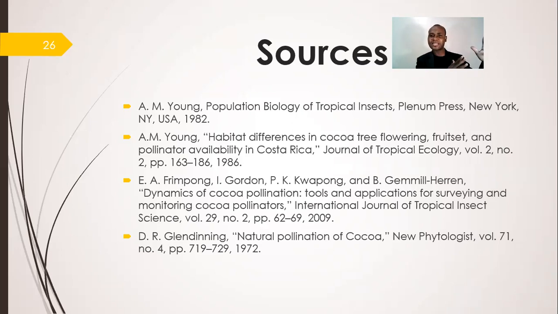But there is another type of stingless bee that is big in size. That one cannot pollinate. So it depends on the stingless bee. You have to check the size of the bees. If they are bigger than 3 millimeters, then they cannot be effective in pollinating the cacao farm.